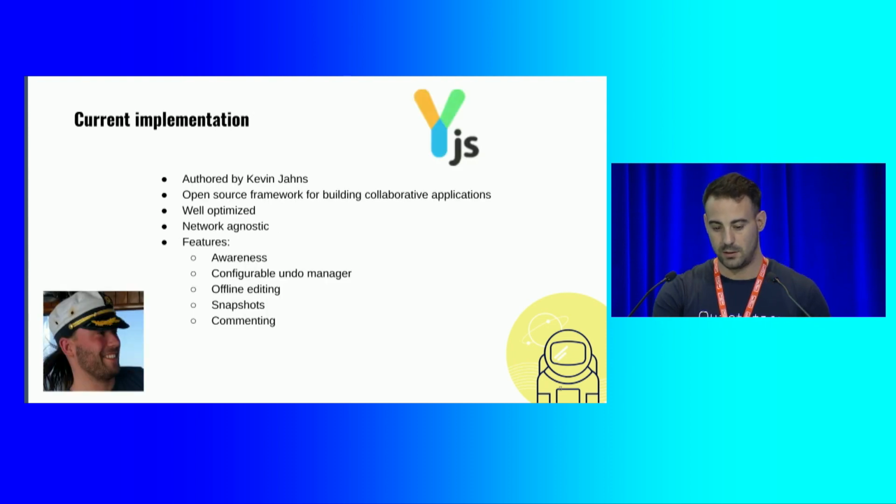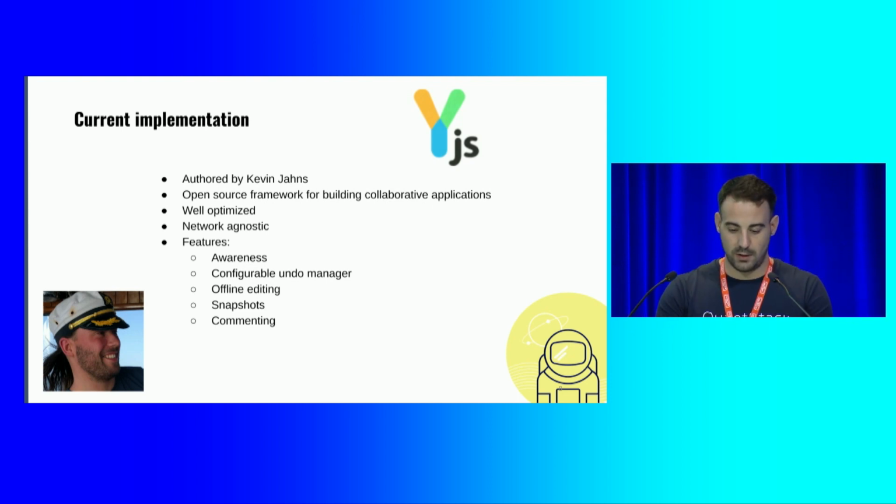Our current implementation, as I said before, is based on the Y-CRDT implemented by Kevin. And YJS is an open source framework for building collaborative applications. It's well optimized, and we can say it's network agnostic. It doesn't matter what protocol you use for sharing the updates between the different clients.